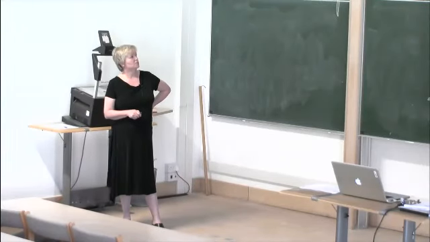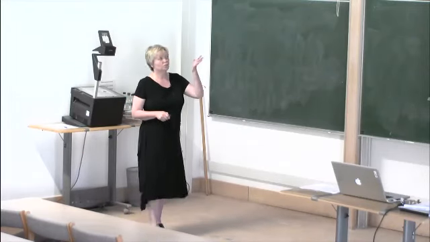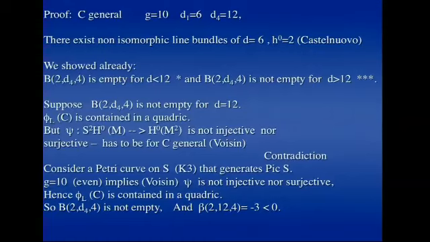And that's a tricky thing, because from what Voisin showed, it has to be for a general curve. So it means that in this case, it cannot happen when the curve is general. Okay, curve is general, we cannot have bundles in this corner. Now, let's forget about being general and just look at the curve that is on the K3 surface that generates the Picard group of the surface.